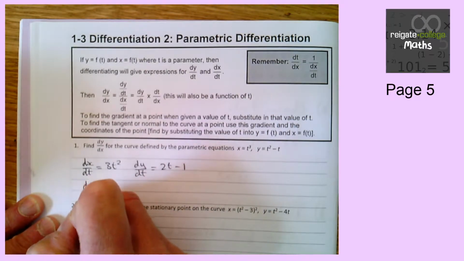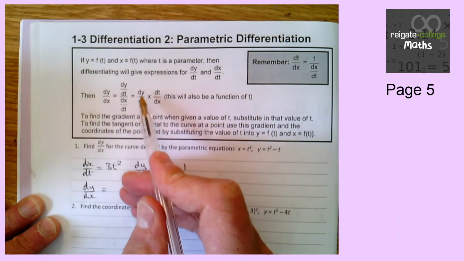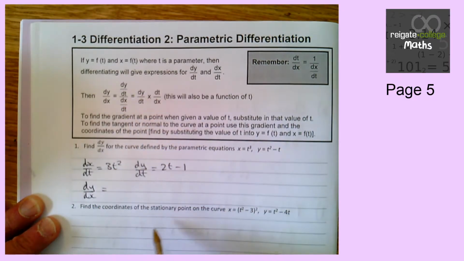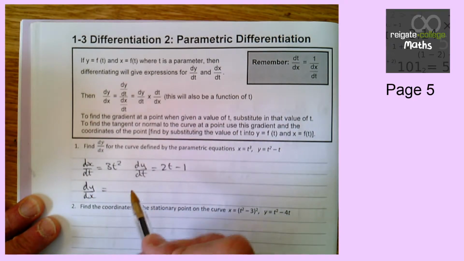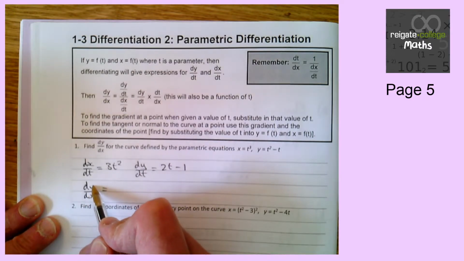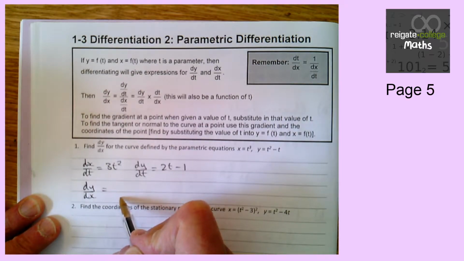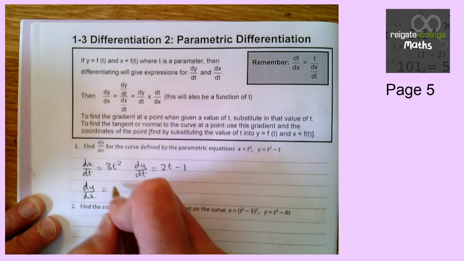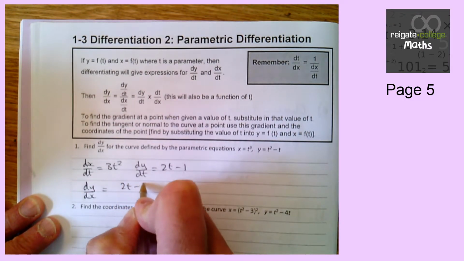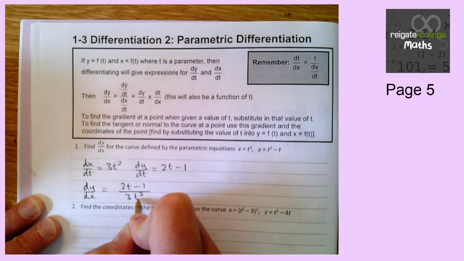So then dy by dx, remember, is dy by dt divided by dx by dt. If you find yourself liable to forget which way up that is, remember that y is on top here, x is on the bottom here, so dy by dt is on the top, dx by dt is on the bottom here. So this is going to be 2t minus 1 over 3t squared.